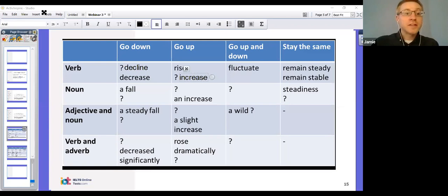Yeah, that's correct. Raised, increased is fine. Okay. If the chart is both going up and down like this over a period, we can use the word fluctuate. Or if it's the opposite and it's like this, you can say it remains steady or remains stable.